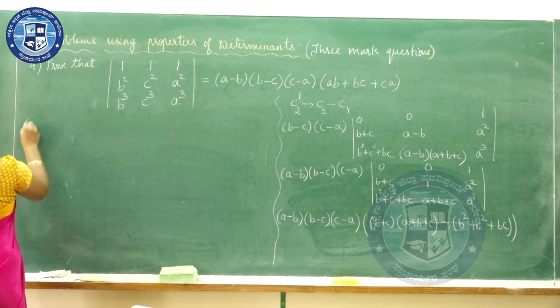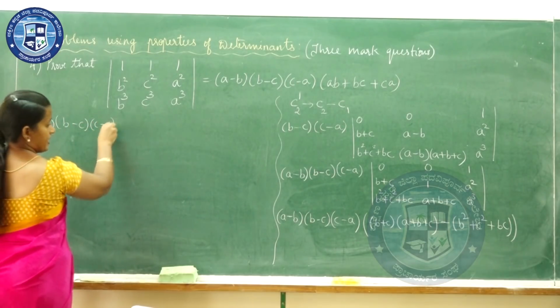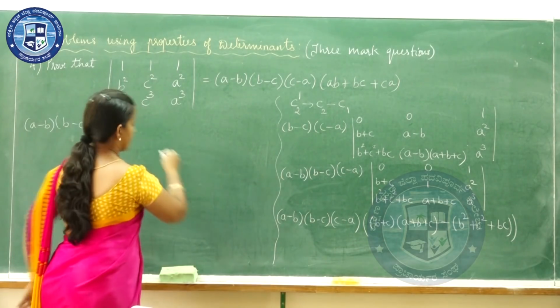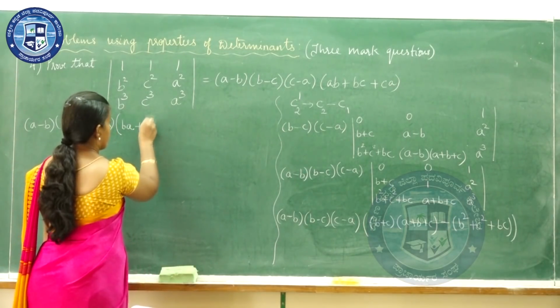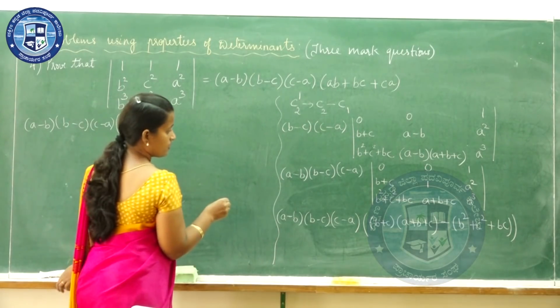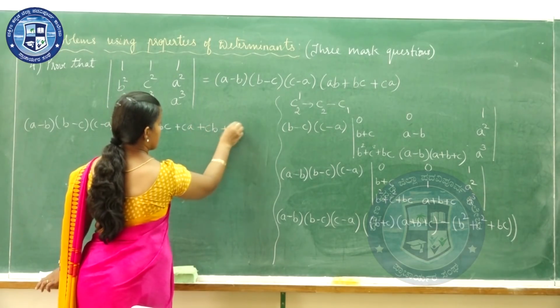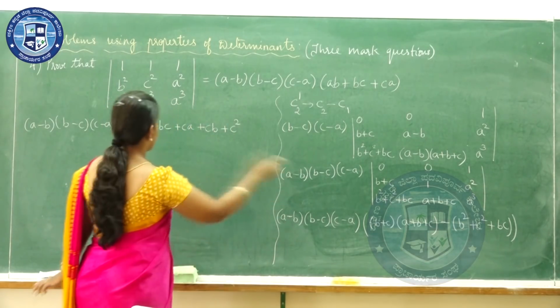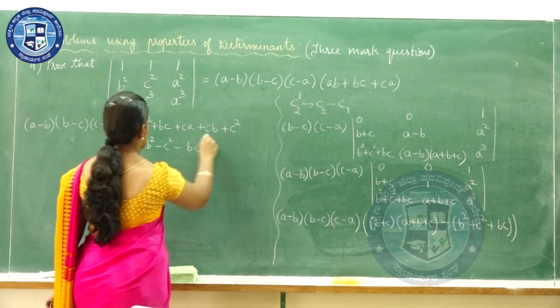We have a minus b, b minus c, c minus a, and then multiply there, you will get ba plus b square plus bc plus ca plus cb plus c square. Then we have minus b square minus c square minus bc.